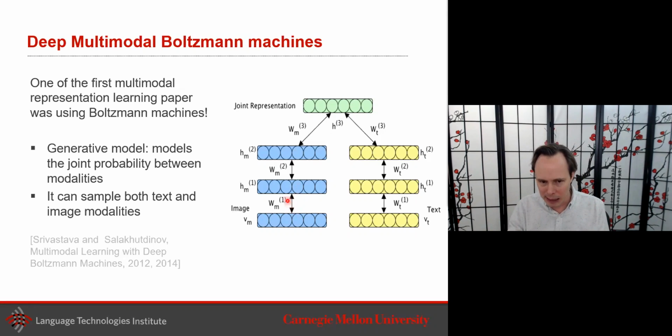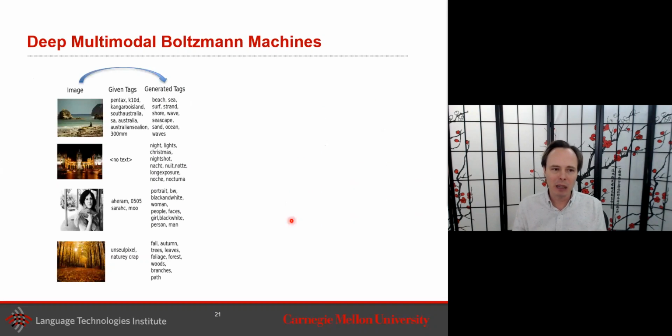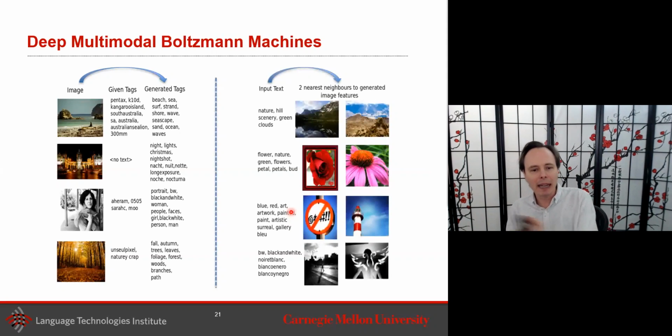Sometimes you will see it with two arrows, or sometimes with just one line with no arrowhead. These are just two different ways to present it. And so the multimodal deep Boltzmann machine allowed you to go from image to text, or from text to image. It allowed you to go both ways.